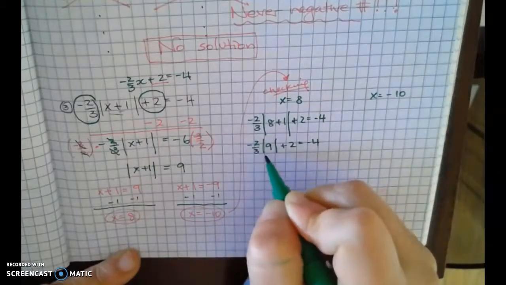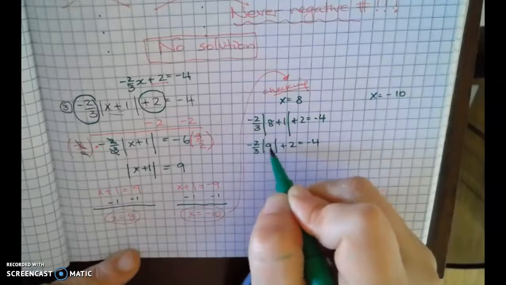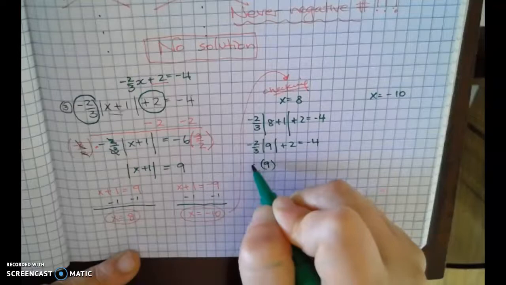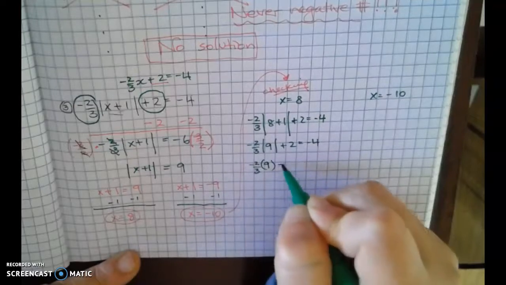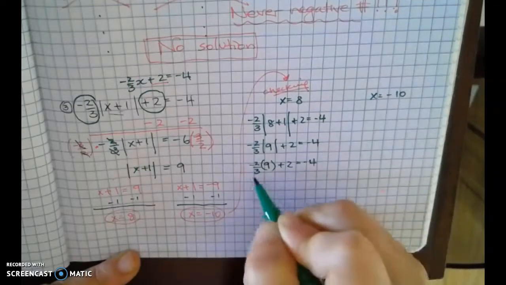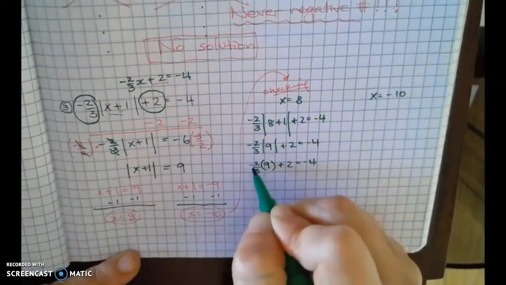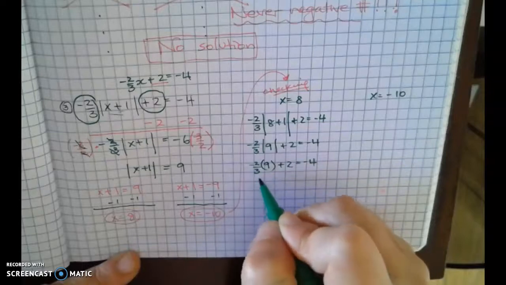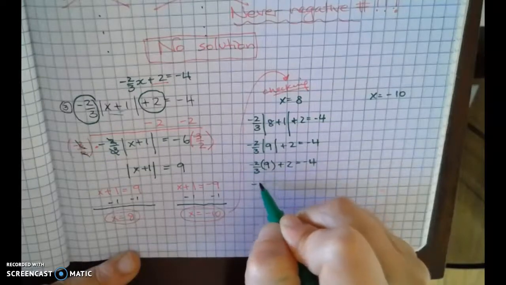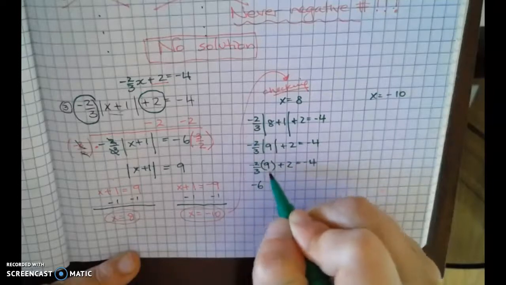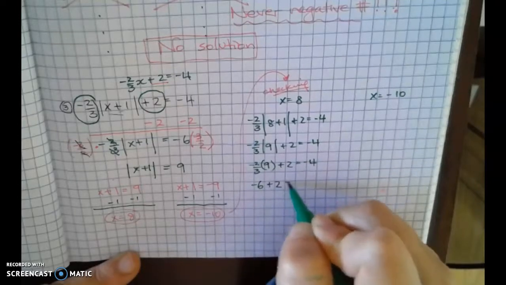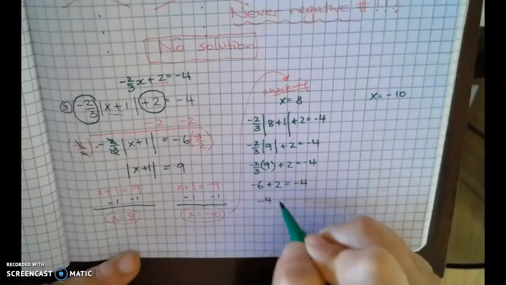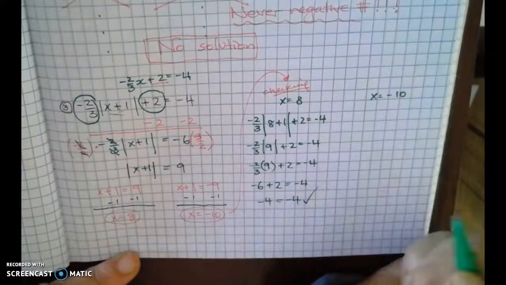So now we're going to apply it and then get rid of the symbol. What's the absolute value of 9? That's just 9. Now we can multiply negative 2 times 9, which is negative 18, divided by 3 is negative 6. That simplifies to negative 6 plus 2 is equal to negative 4, and negative 6 plus 2 indeed is negative 4. So that checks out.